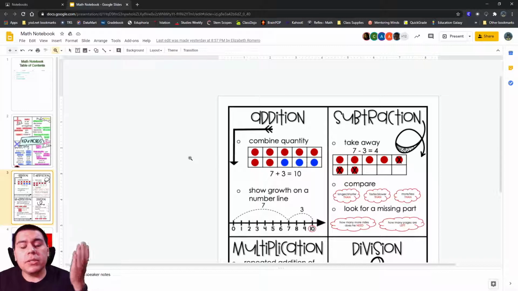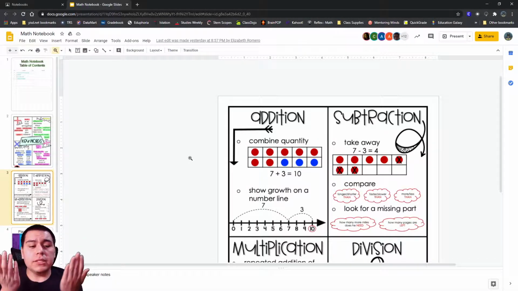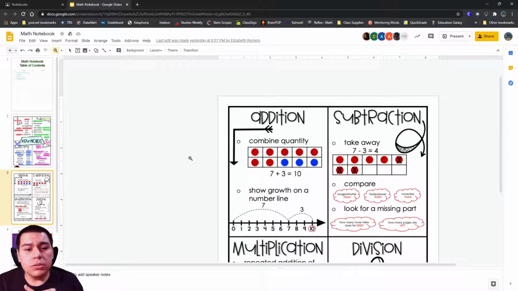Are those going to be the same thing or are those different? It's kind of a tricky question, but who can take a guess? Is 7 plus 3 the same thing as 3 plus 7? Raise your hand if you think you can tell me.